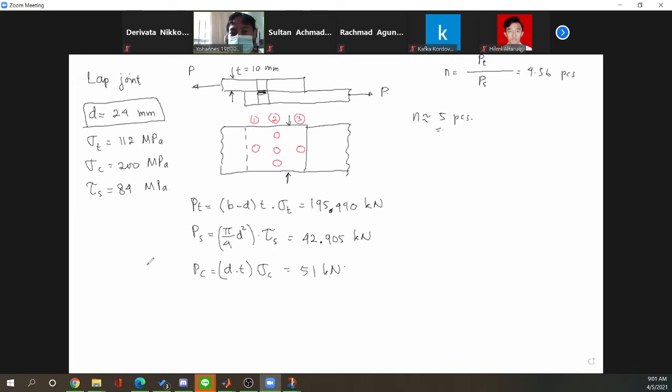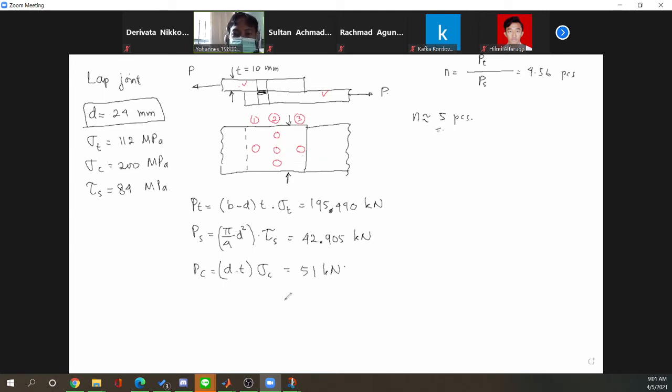Okay. It is symmetrical. Okay, because the plates are also similar, the thickness, the material, the geometry are the same. So we put, how to say, a symmetrical arrangement of the rivets. Okay, so now we have this arrangement.